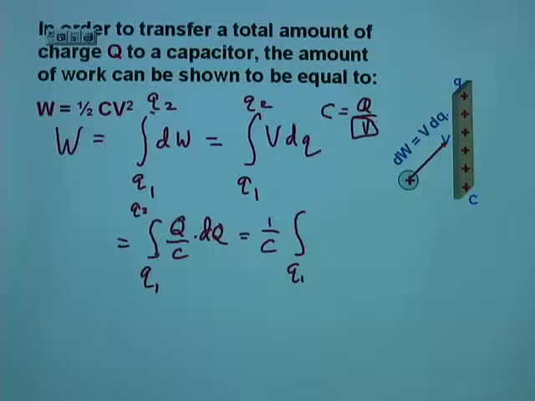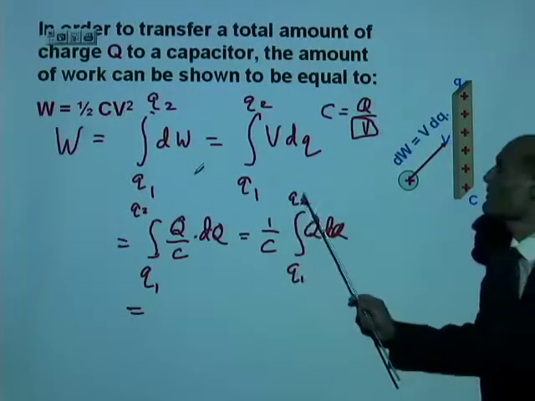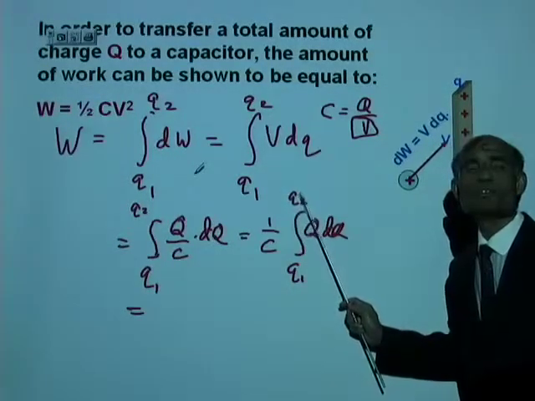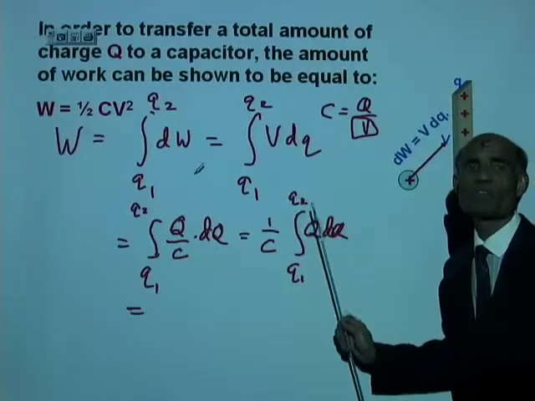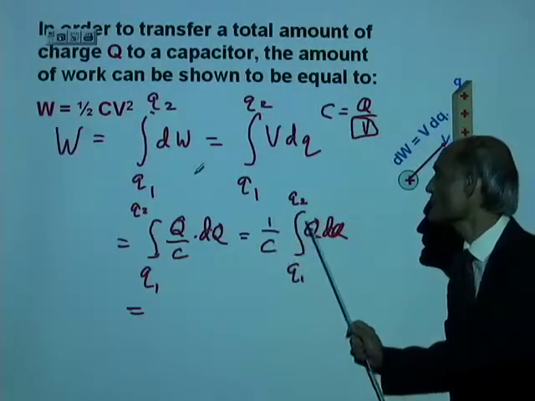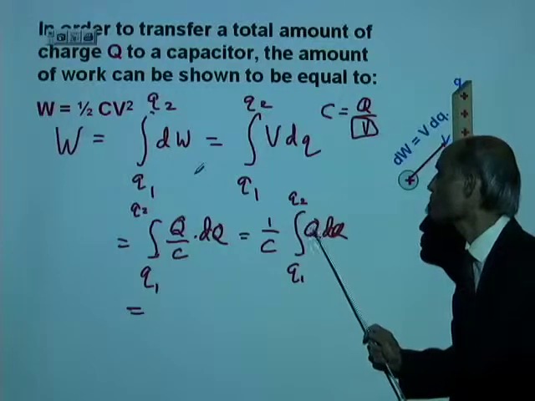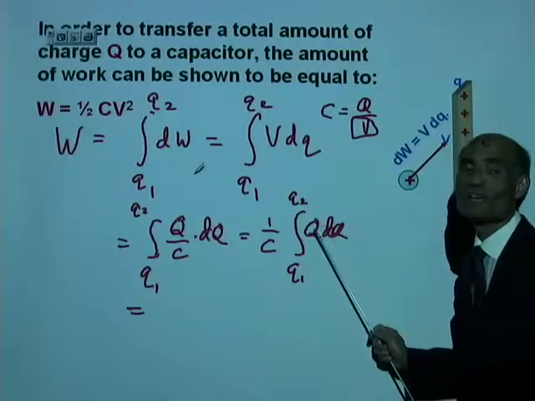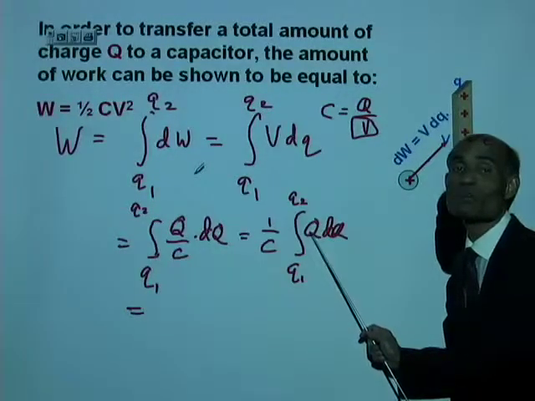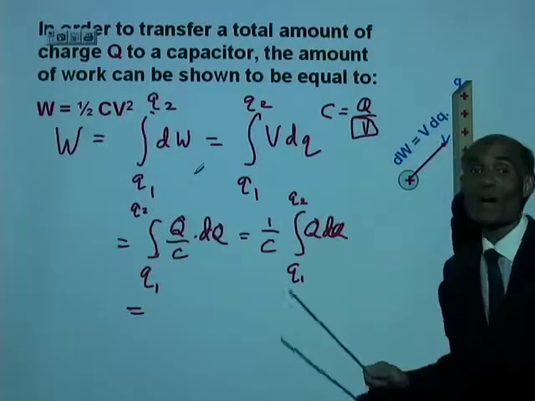Now, Q dQ can be written as, I'm going to disregard the limits, we will do the integral without the limits. So that will be 1 over C times the integral of Q dQ. What is the integral of Q dQ? The integral of Q dQ will be Q squared over 2.